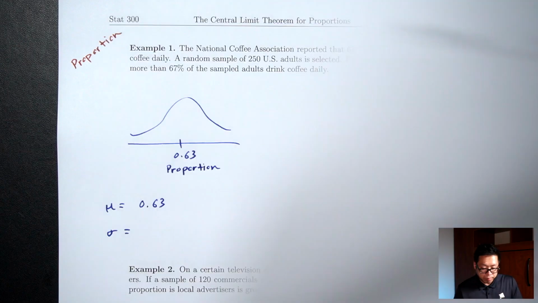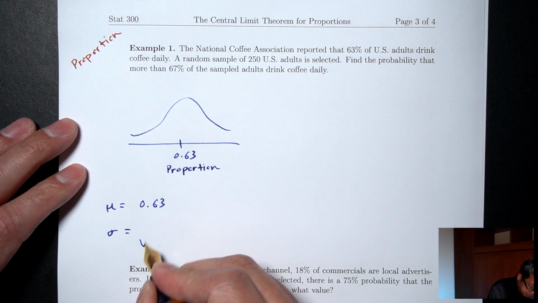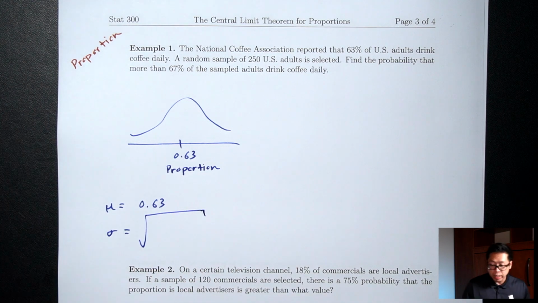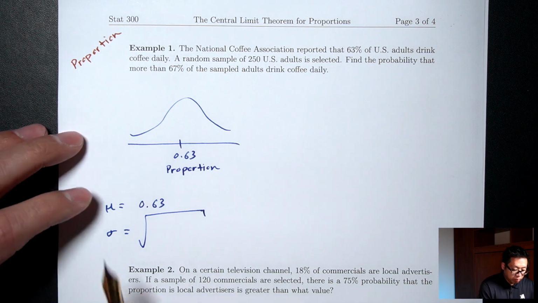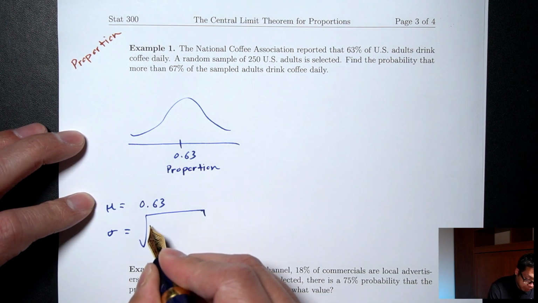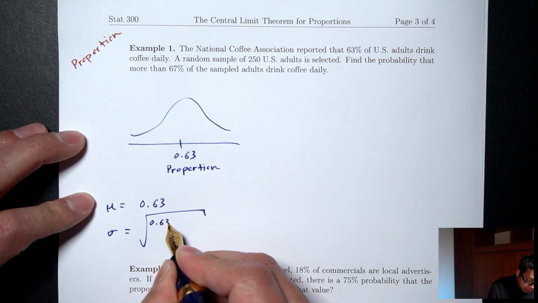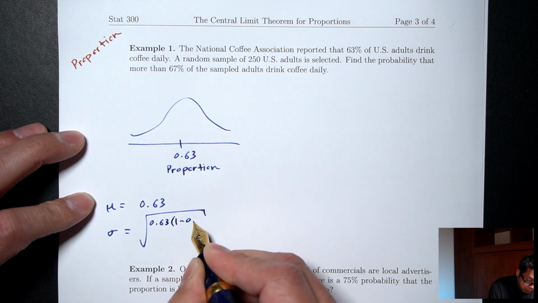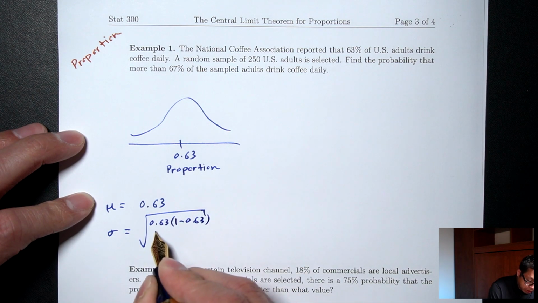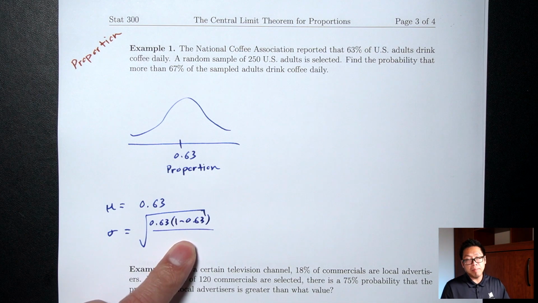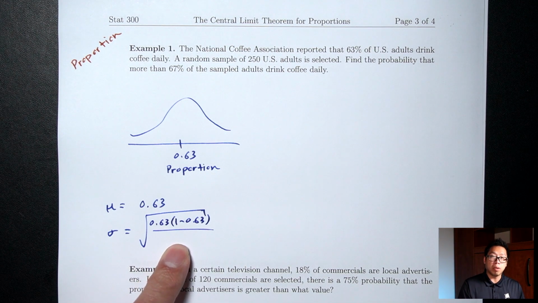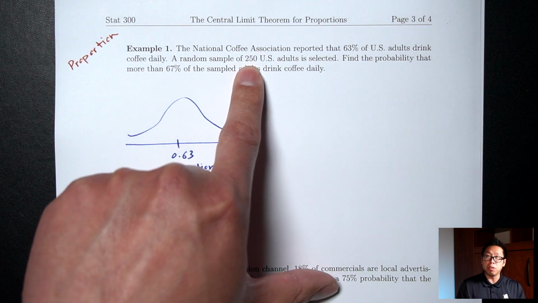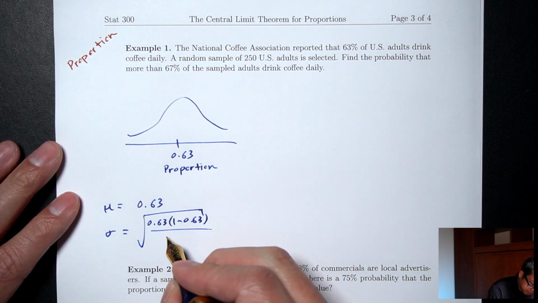So big square root, and it says P times 1 minus P over N. P is this 0.63. So 0.63 times 1 minus 0.63 over N. N is the sample size. In other words, how many people are we picking here? 250 US adults. So 250.